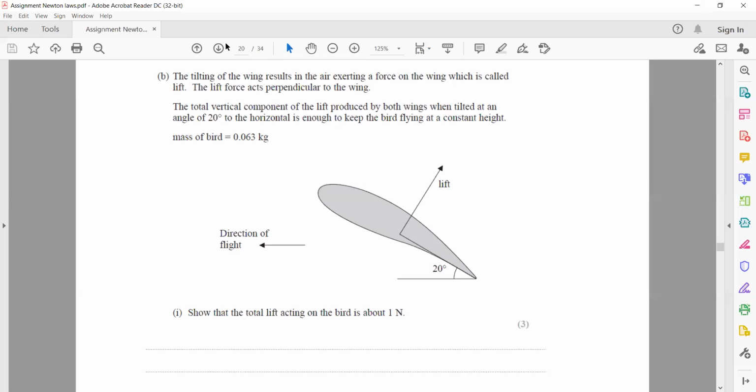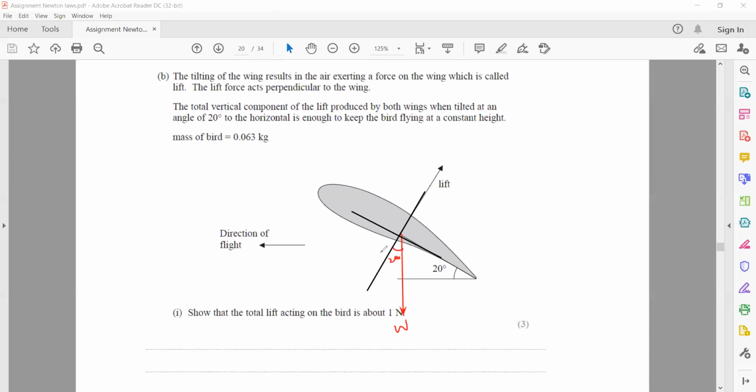So first, what happens is it is like an incline, so the weight of the bird will act downward. So this is the weight of the bird which is acting downward. Then we resolve this weight into its components by taking the axis parallel to the surface. When we take the axis, the angle of the inclined surface is the same as the angle of the weight with the inclined surface, so that is 20.